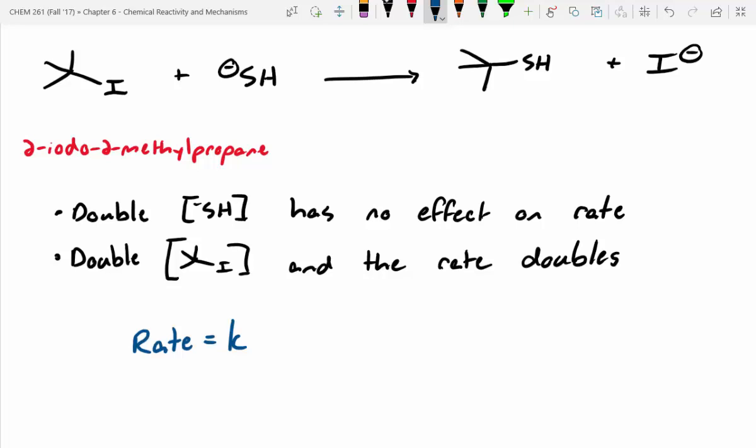Just the alkyl halide. It's the only one that actually factors into the rate. We know changing the concentration of the sulfur reagent really doesn't do anything. So the rate is only dependent on this reagent. So what order reaction must this be? Okay, so this must be a first order reaction.